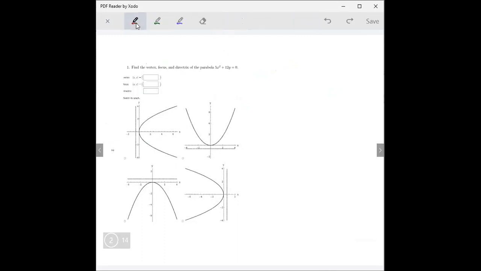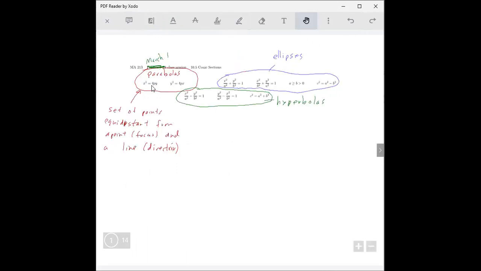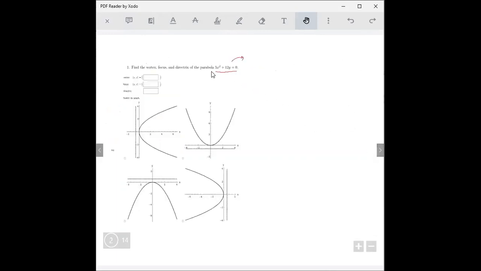So here we have the equation of a parabola right here. And what you want to do is, if we go back to the first page, we wanted to get it in the form of either x squared equals something times y, or y squared equals something times x, whichever one it is.